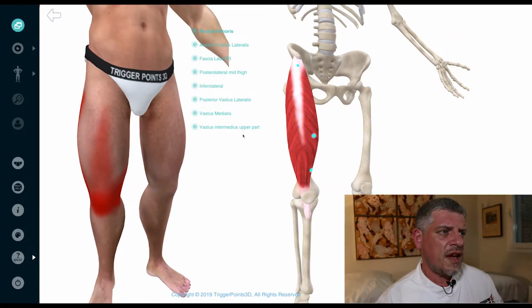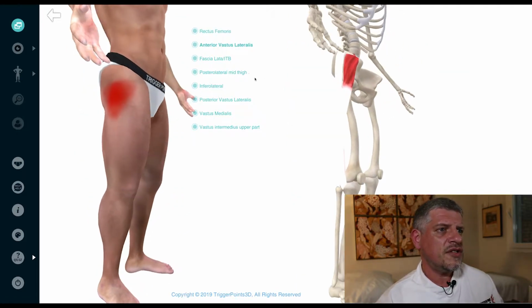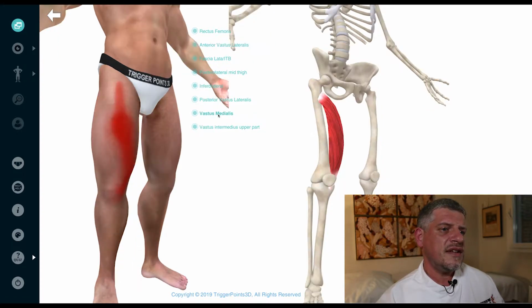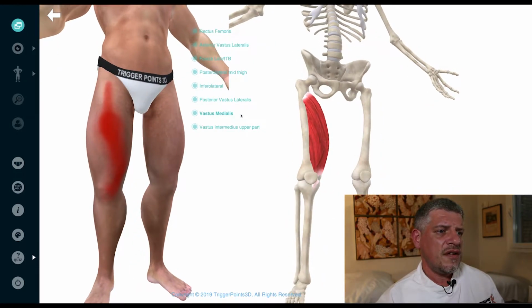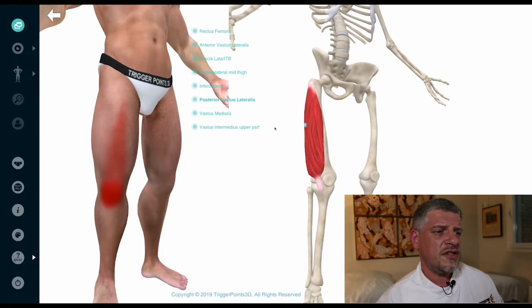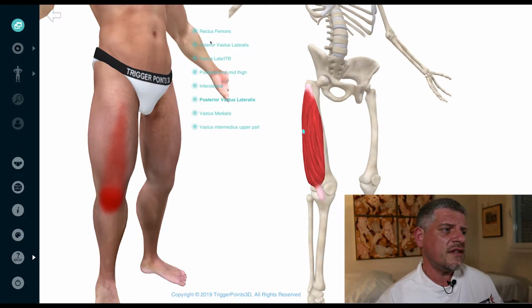In terms of the other muscles, we have the vastus lateralis, which bonds in with the lateral part of the quads, and we have the medialis, which inserts into the medial part of the patella, and the lateralis, which inserts into the lateral part of the patella. So these work together as a group.